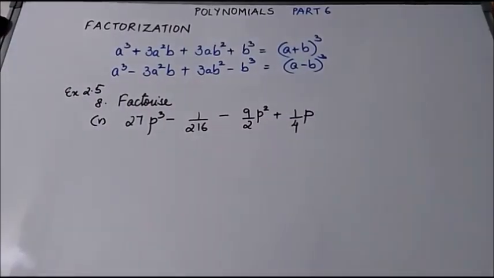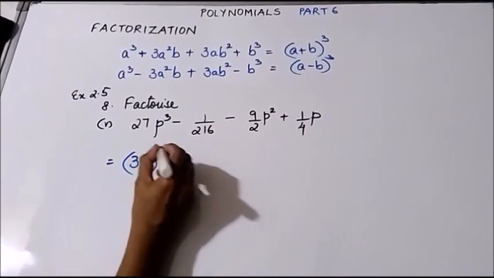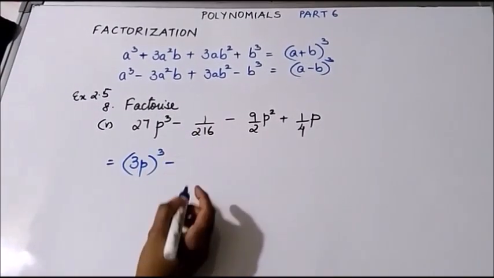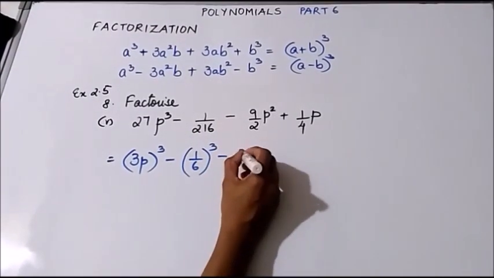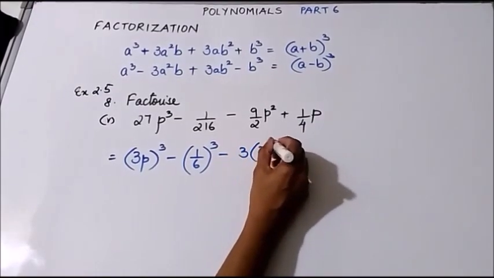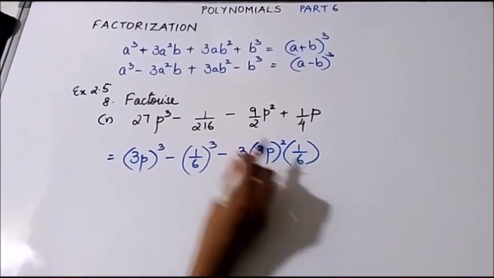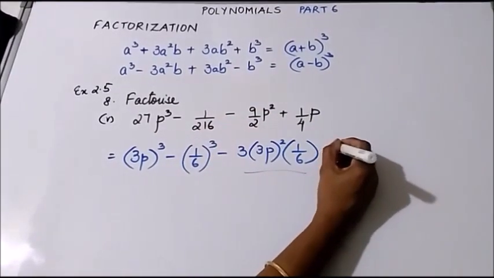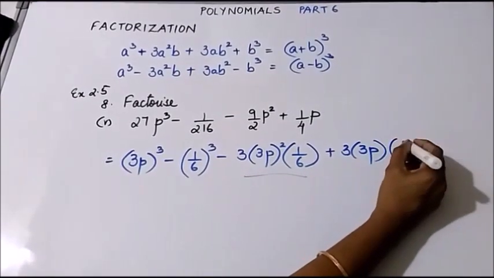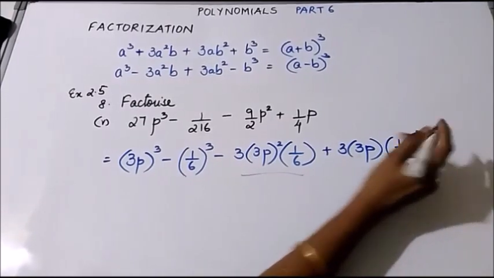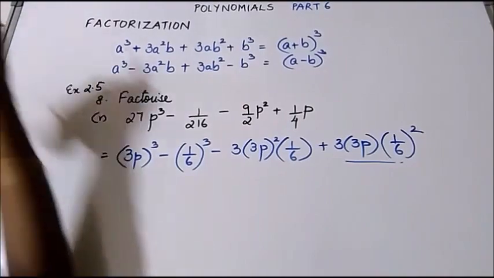Now this can be written as 3p the whole cube. 216 is the cube of 6, so this can be written as 1 by 6 the whole cube minus 3 into 3p the whole square into 1 by 6. When you calculate this, you will get 9 by 2p square plus 3 into 3p into 1 by 6 the whole square. When we calculate this part, we will get 1 by 4p.